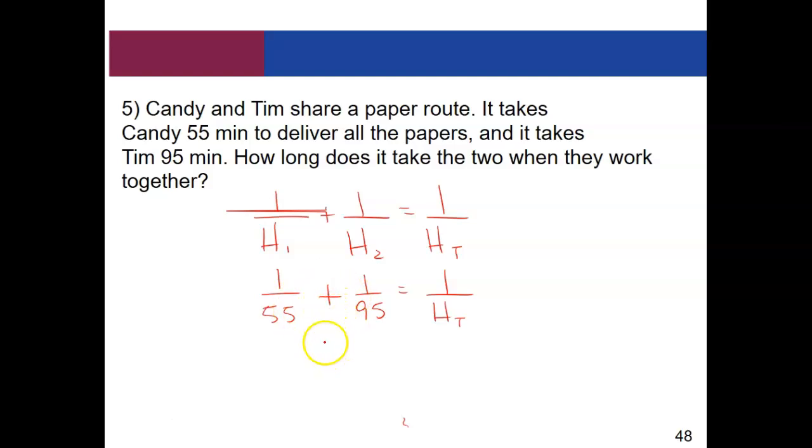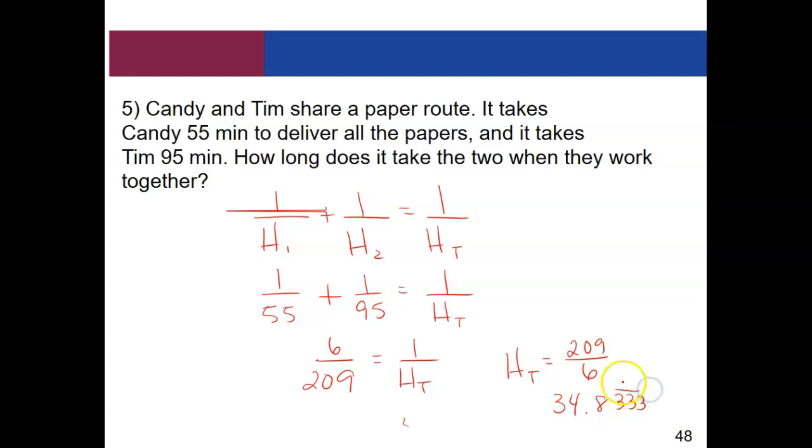If you do it on the calculator and reduce it, you're going to have 6 over 209. Okay, so that leaves us with the total time is 209 over 6, which is 34.8333, and the threes are repeating here.